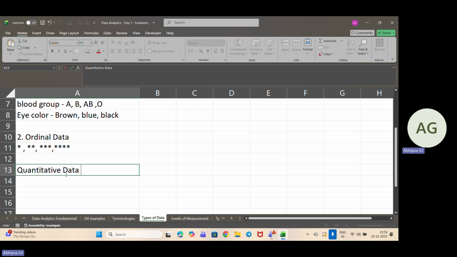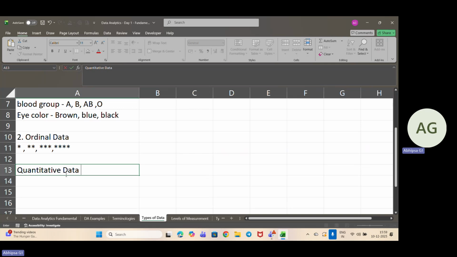This data contains numbers. You can count it, you can measure it, you can do mathematical calculations over it, like the height, which is a specific height of 170 centimeters, the weight, around suppose 50 to 55 kgs, or the temperature today, around suppose 18 to 20 degrees centigrade.